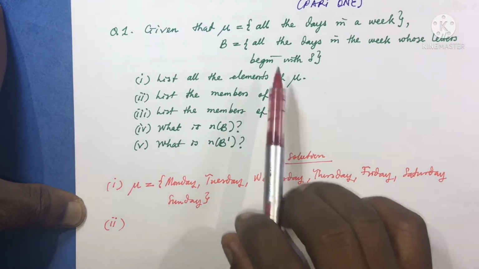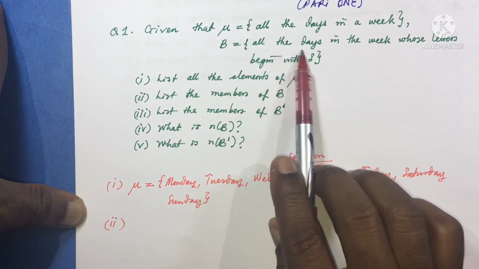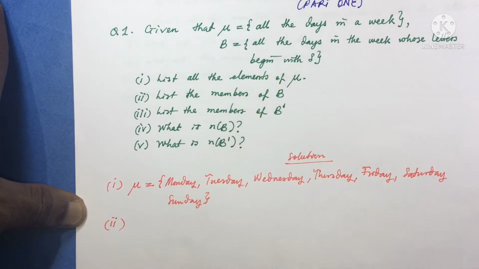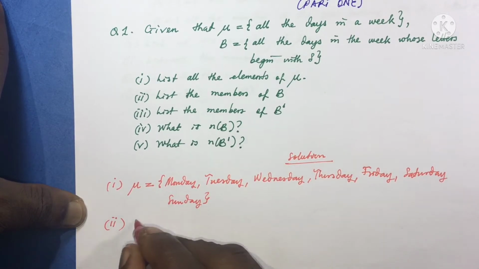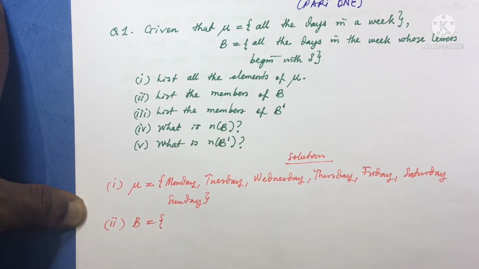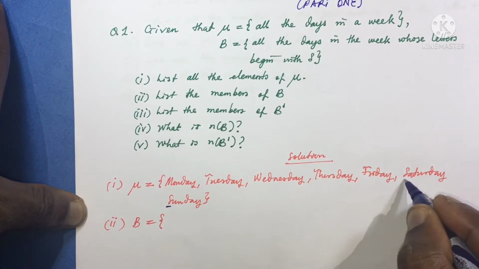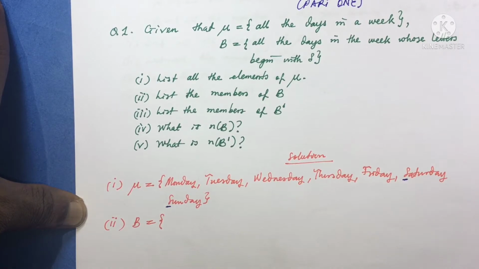We are told that the set B contains all the days in the week whose letters begin with S. What days of the week in the universal set begin with S? You would notice that applies to Saturday and Sunday.